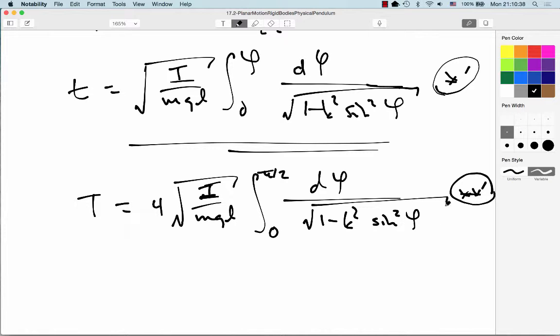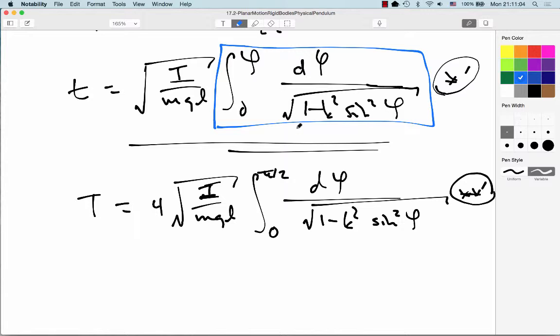Okay, now you can't evaluate these analytically, but they can be done numerically. These integrals, we don't care about the root in front. This integral here is called an incomplete elliptic integral of the first kind. Yes, that implies the existence of a second kind and also of a complete one.